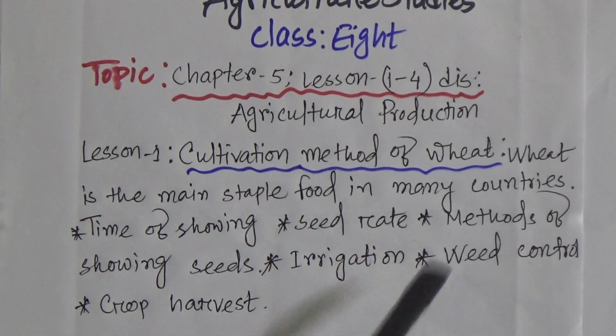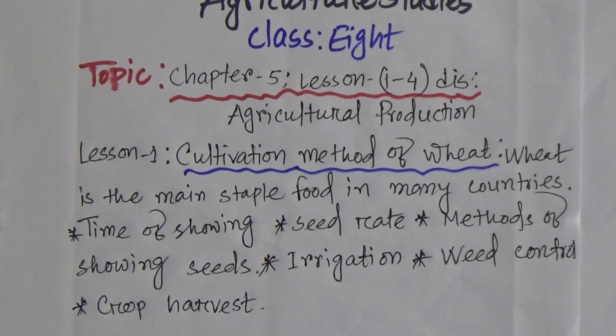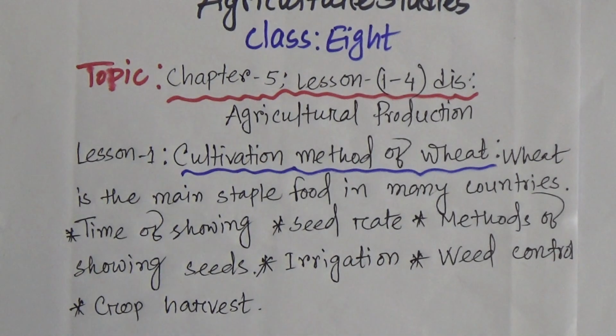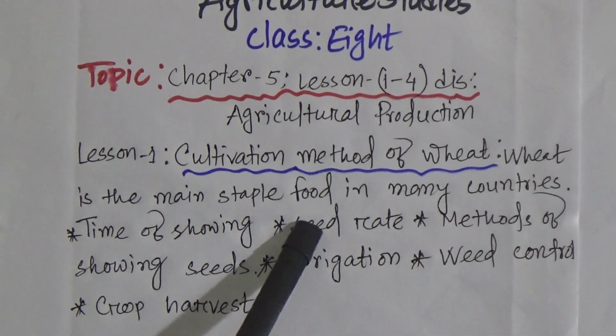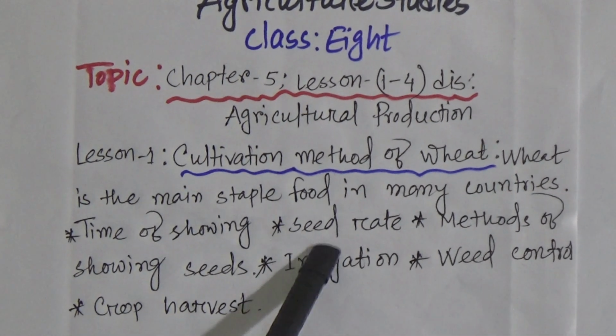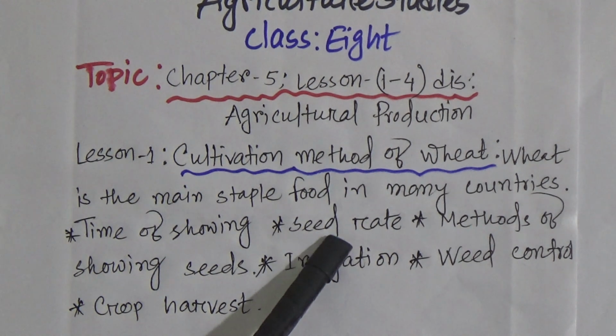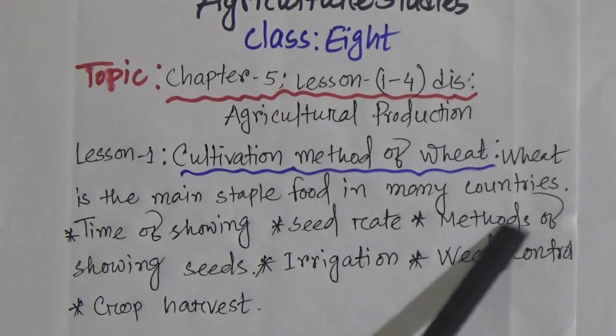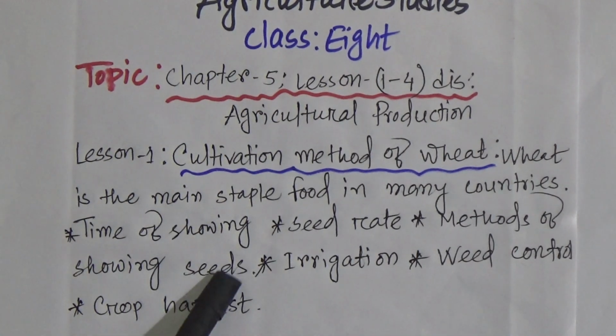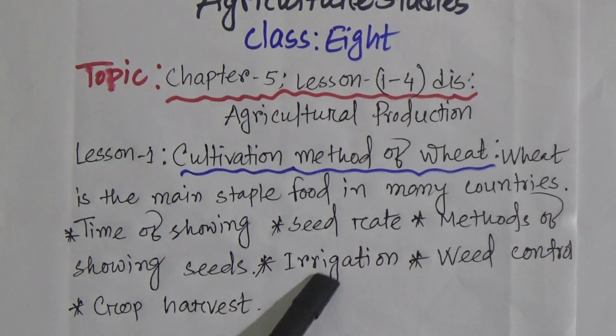Then seed rate. Dear students, if the seeds are good, then the germination power of the seeds would be good, so the farmers will get more harvest. So selection of seed is very important. Method of sowing seeds. Farmers need to follow the proper method in sowing the seeds of wheat.